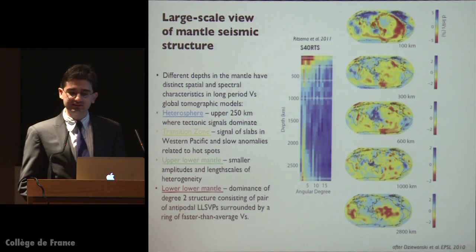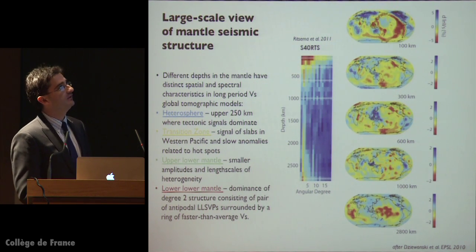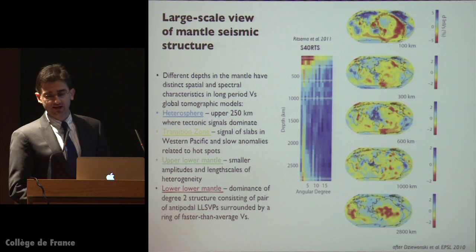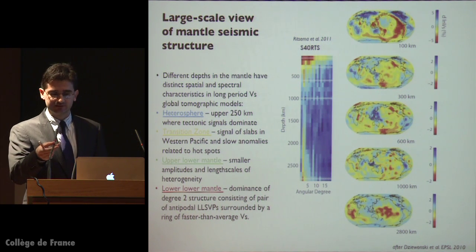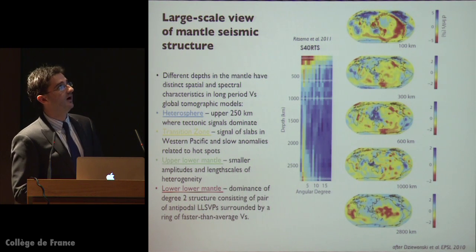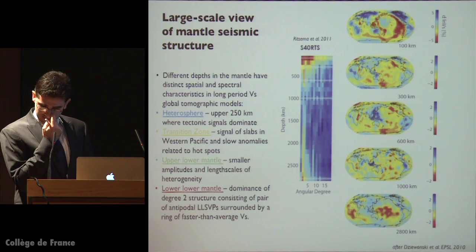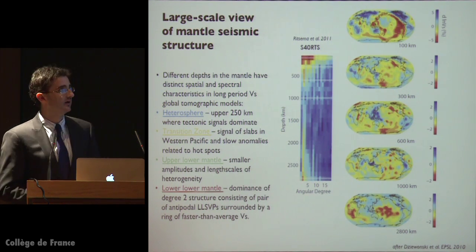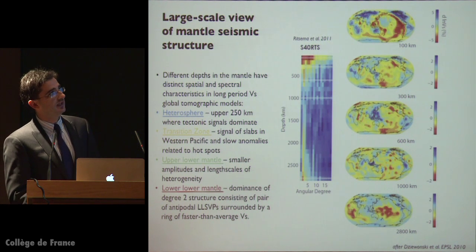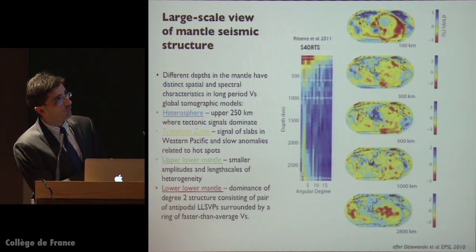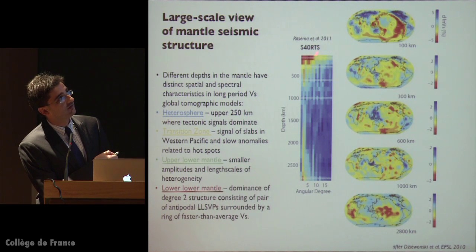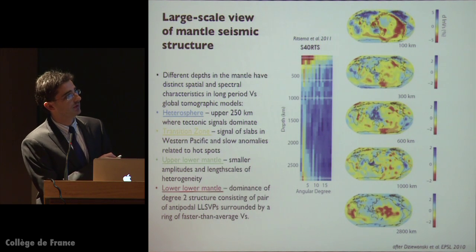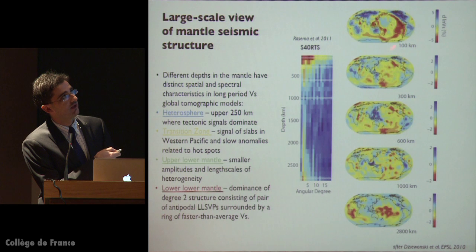So here's just a summary slide of what a reasonable view of the large-scale mantle seismic structure should look like. This view is based on long period shear velocity models, so there's that caveat. We can take a modern global tomographic model like S40RTS of Ritsema et al. and plot its variations in shear wave speed at different depths.